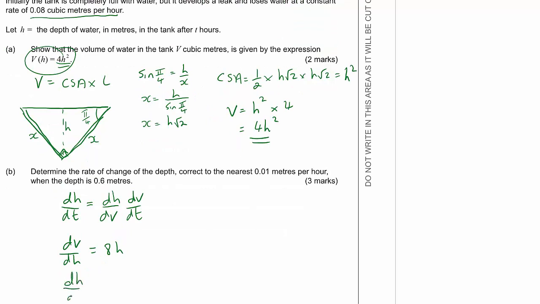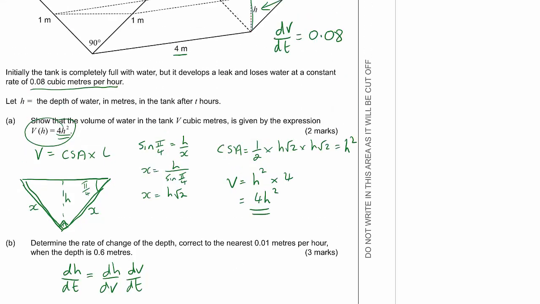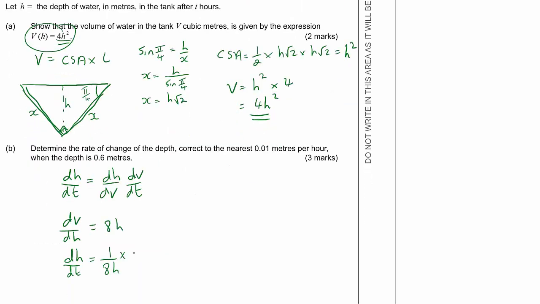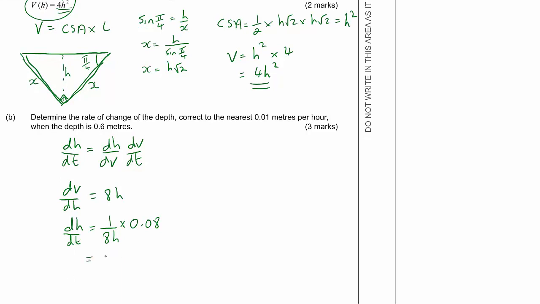So dh/dt, being dh/dV, is 1 over 8h multiplied by dV/dt, which is 0.08. And we can see that that gives me 0.01 over h. And we want to evaluate this when h is 0.6. So dh/dt, given that h is 0.6, is 0.01 over 0.6.